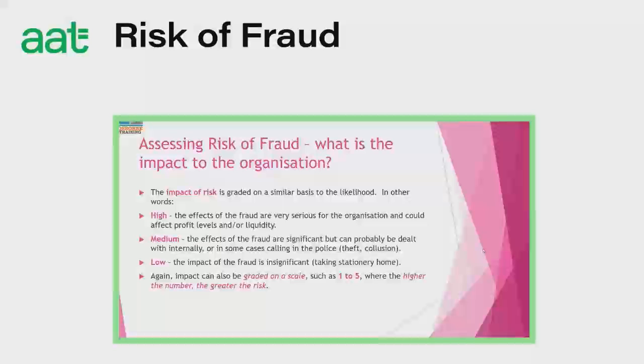We've got the medium impact, so the effects of the fraud are significant but can probably be dealt with internally, or maybe in some cases calling the police. And again, the impact of the fraud is insignificant when it's categorised as low. So taking that stationery home isn't going to have a huge impact on the organisation as a whole.